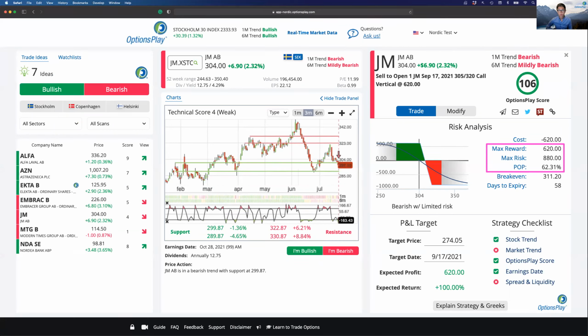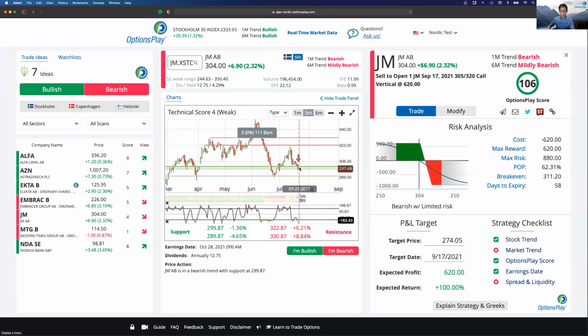Any other questions regarding the strategies, the paper trading? When to choose credit or debit vertical spreads? Great question. Hopefully in 4 weeks' time, as we come back and look at each of these strategies and see how each has performed, that's going to truly help you answer the question. The short answer is, if you think the stock's going to make a big move, you should buy a call or a debit spread.